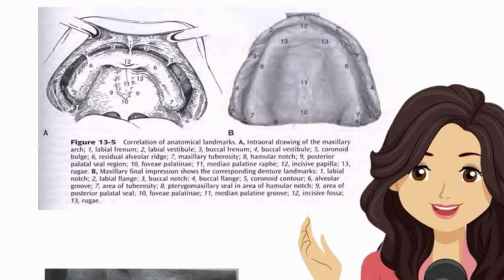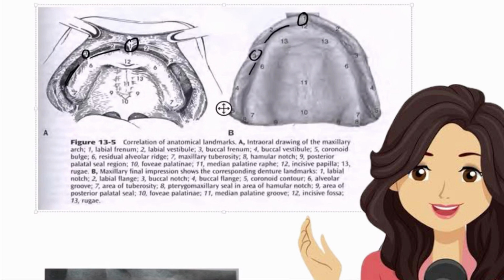What is a labial frenum in the mouth? It is called a labial notch in the impression. What is a labial vestibule in the mouth is called a labial flange in the impression. What is a buccal frenum in the mouth is called a buccal notch in the impression. Then again, what is a buccal vestibule in the mouth is called a buccal flange.